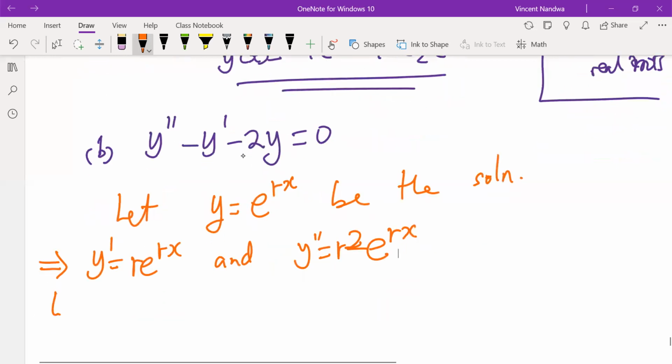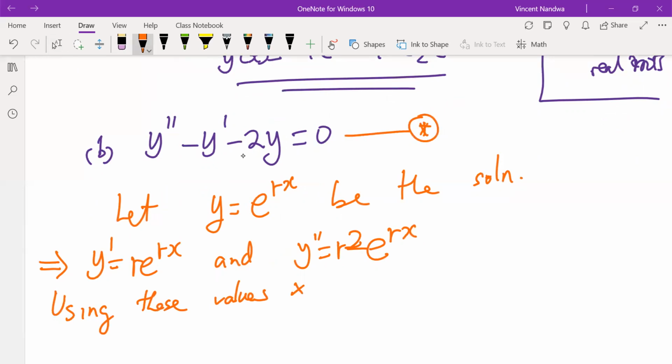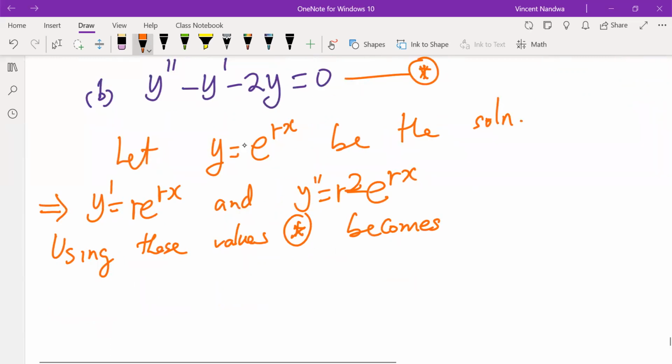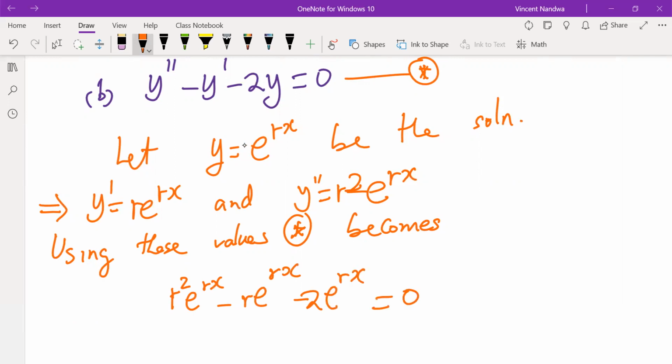So using these values, if I call this one star, star becomes, so where there's y double prime, I put r squared e raised power rx, y prime is r e raised power rx, minus 2 e raised power rx equals 0.